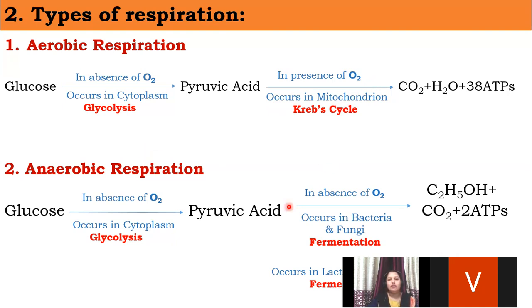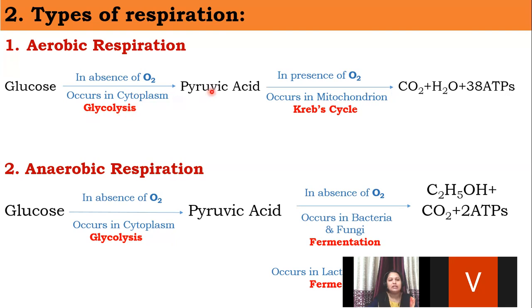Okay, let us revise once again what is aerobic respiration. In aerobic respiration, in the first step, glucose is converted into pyruvic acid. This reaction occurs in absence of O2. The reaction takes place in cytoplasm as the enzymes required for this process are present inside the cytoplasm, and the reaction is known as glycolysis. Now, why it is called as glycolysis? We will study later on when we will study the glycolytic pathway.